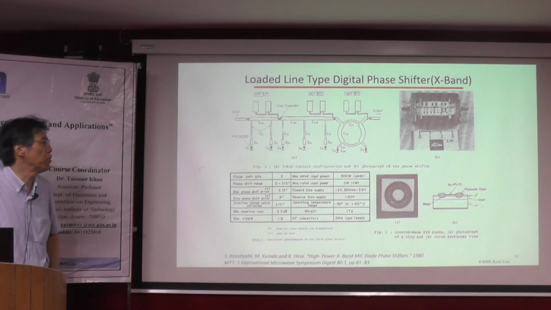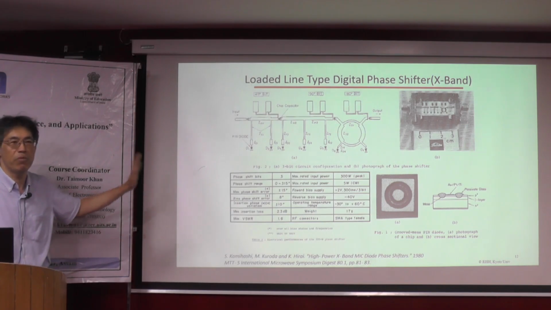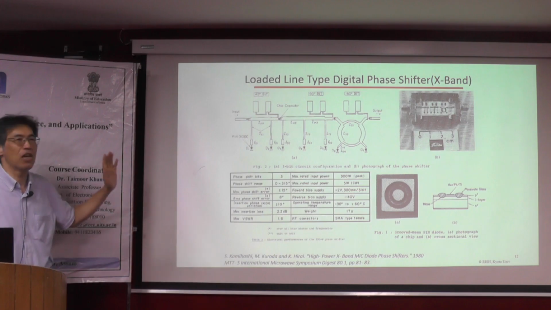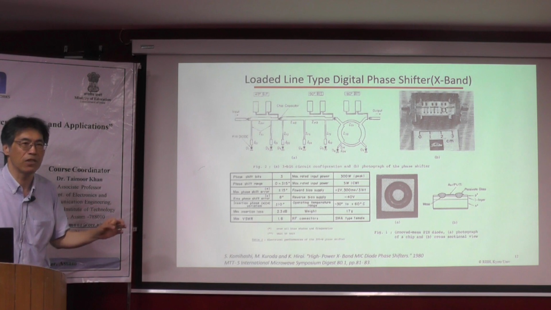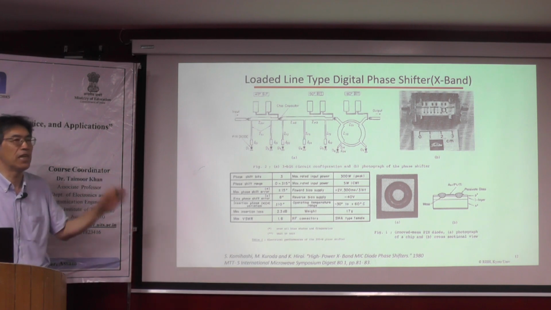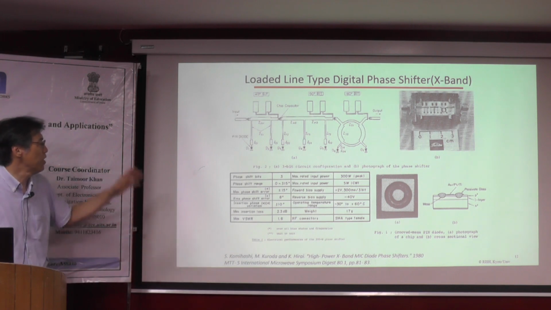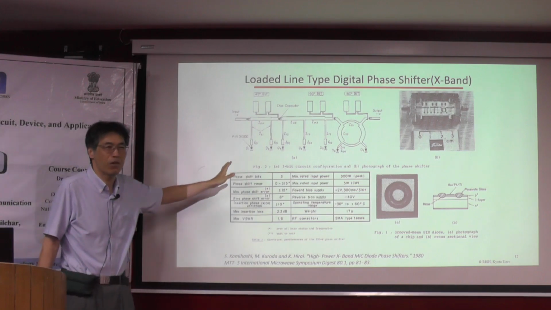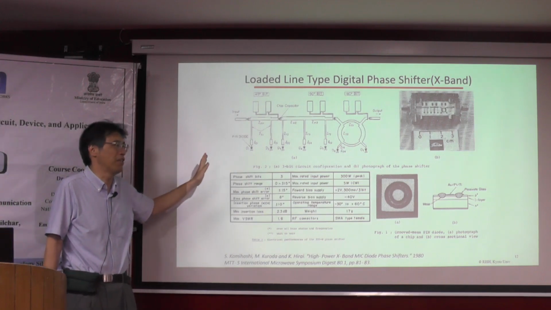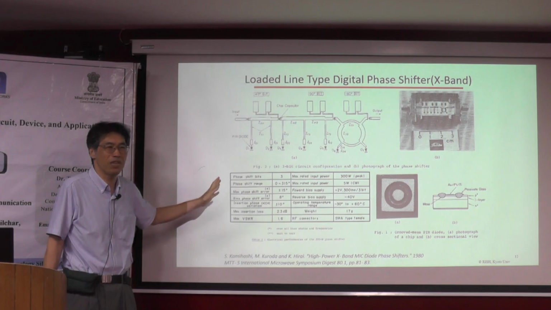And when we develop a phased array antenna, this phase shifter is very, very important. But as I mentioned before, it involves a lot of loss factors in the pin diode and elsewhere. And additionally, this is a very complex circuit, and a little bit expensive.